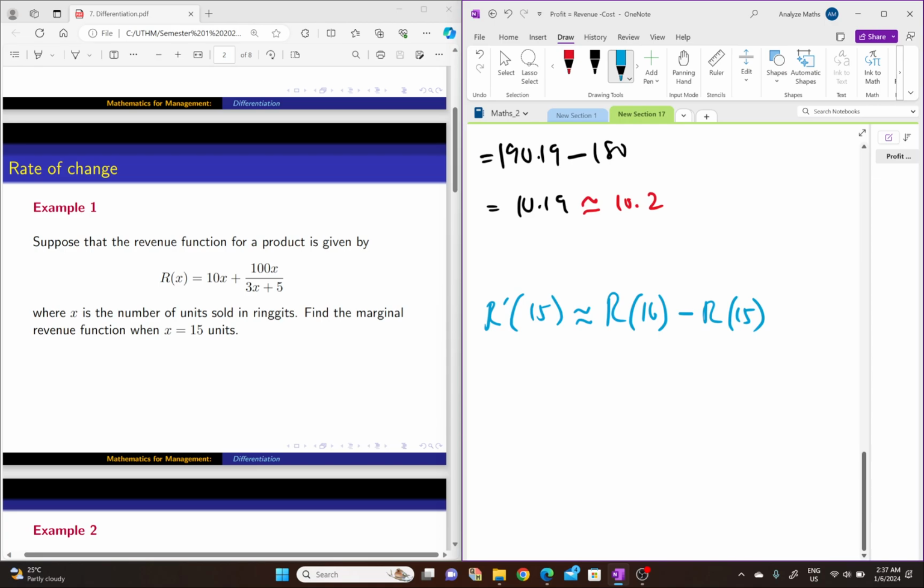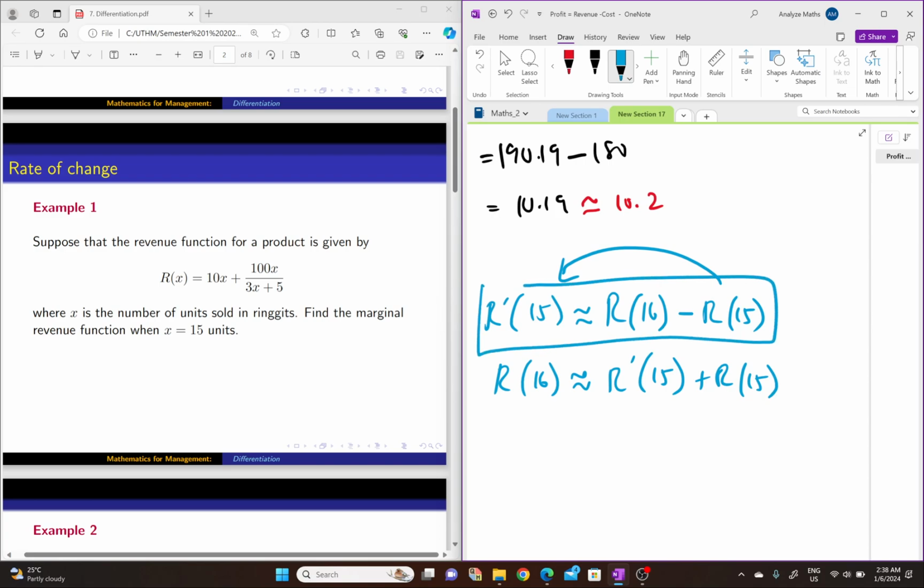Or in other words, if I rearrange this one, revenue of 16 basically is, I just rearrange this one, I bring it here, become this one. So either one you can remember. I prefer to remember this one. This is the main thing, and from here we can remember this one.